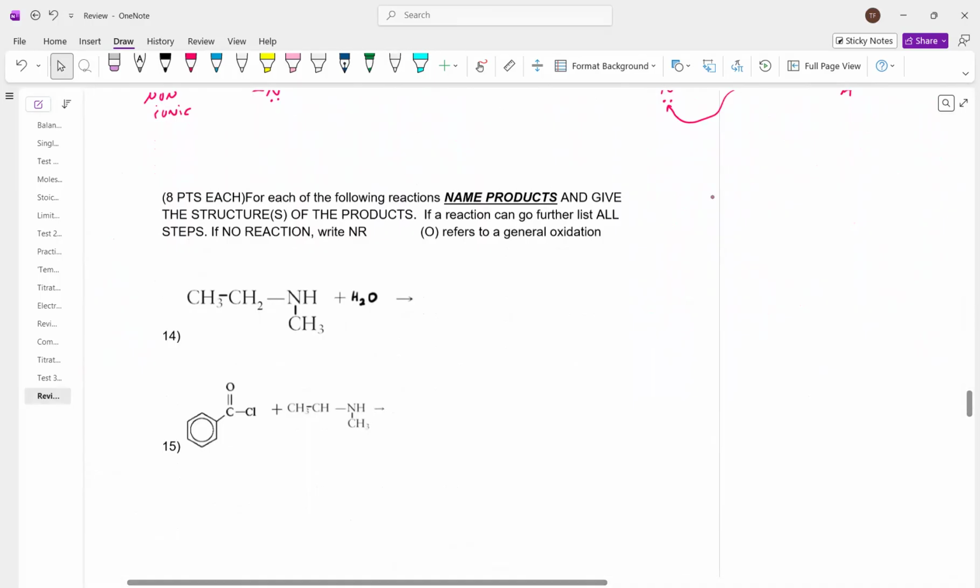Okay, reactions. If you throw an amine in water, what's going to happen is the H on the water is going to attach there.